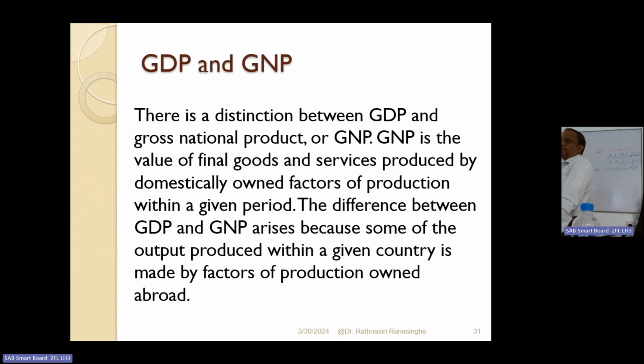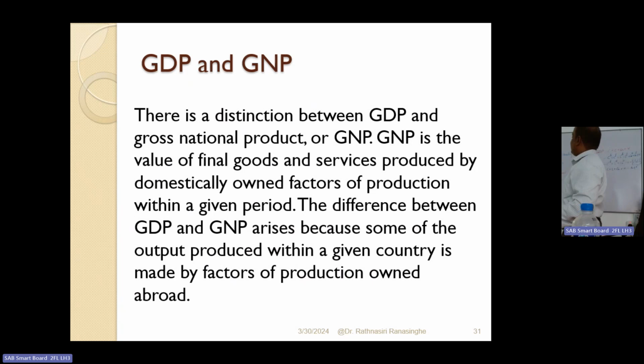We deduct the factor payment to foreigners who produce here, because we have to pay them. And factor income received, because our people in other countries are in the production process, we receive some factor income. So we add that.